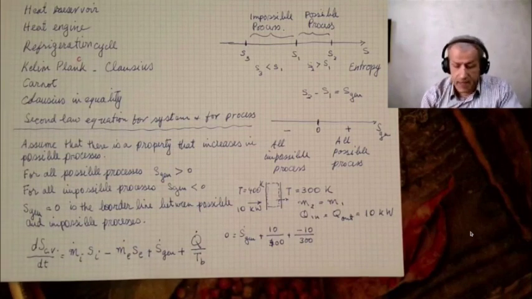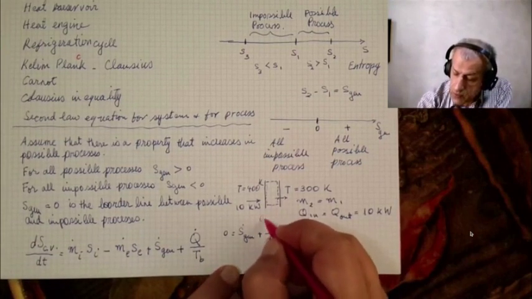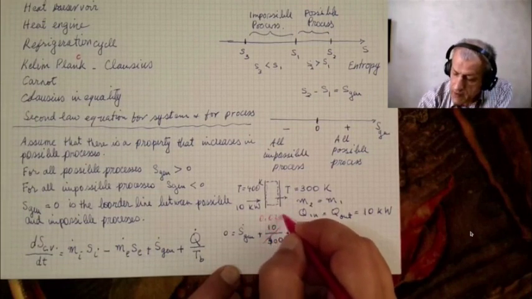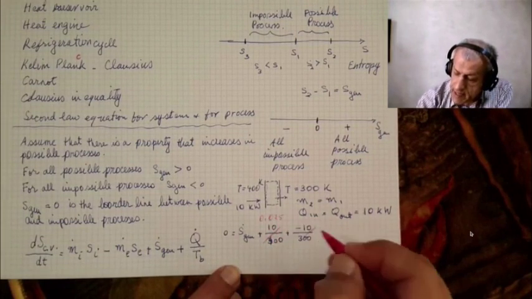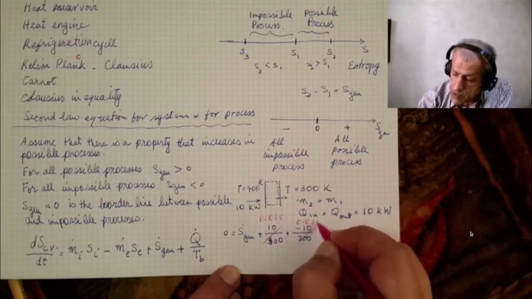This term, 10 divided by 400, is 0.025, and this term is 0.033.